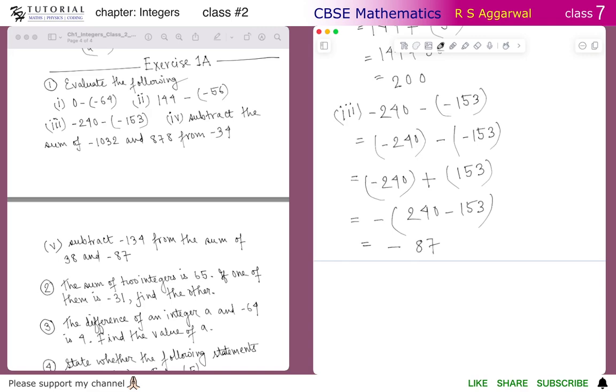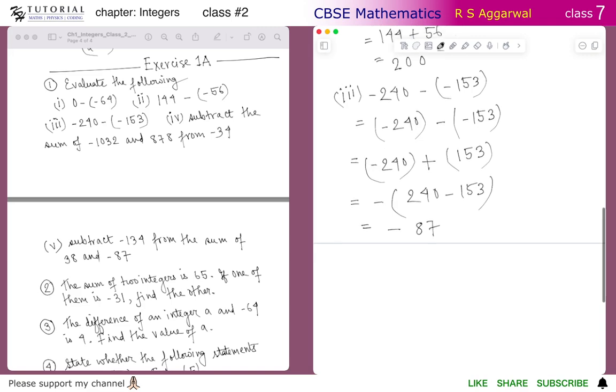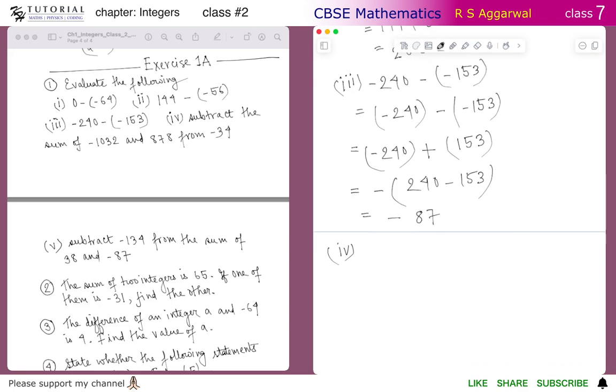This is 8. So this is minus 87. Okay. So number 4, it says subtract the sum of minus 1032 and 878 from minus 34.